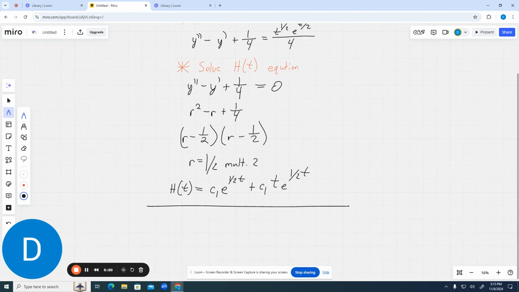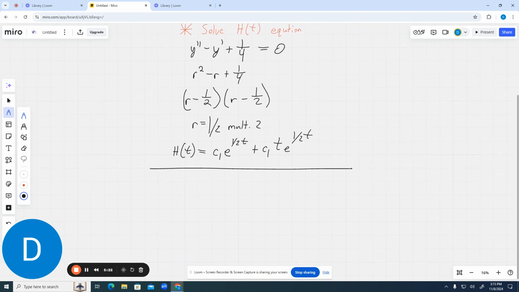So let's go ahead to step 3. Remember our y of t equals h of t plus p of t. We have our h of t right here. Now we need to find our particular solution, our p of t.